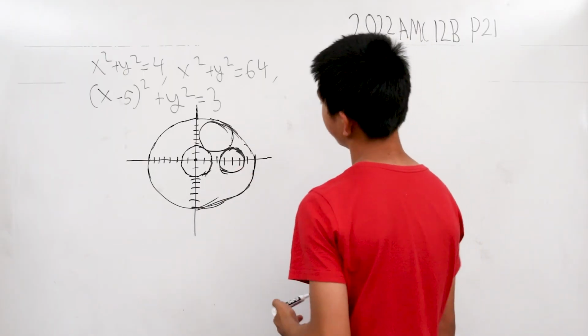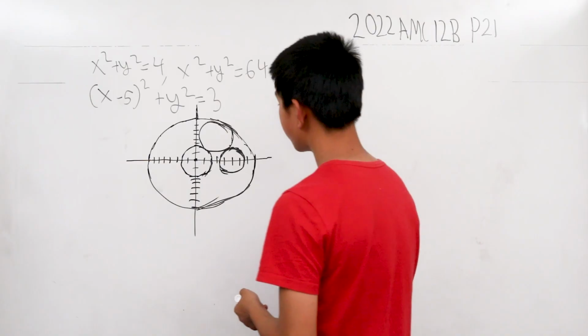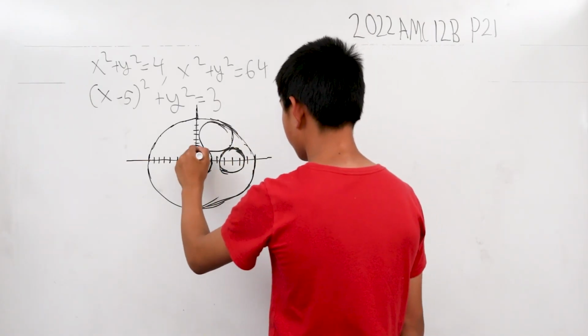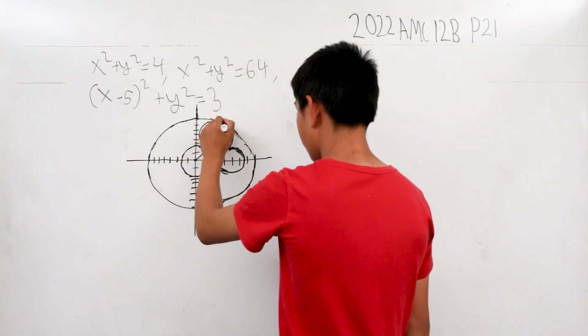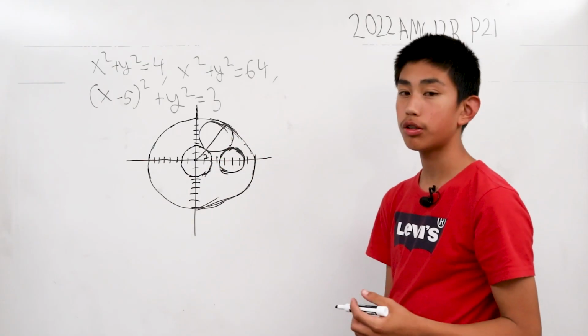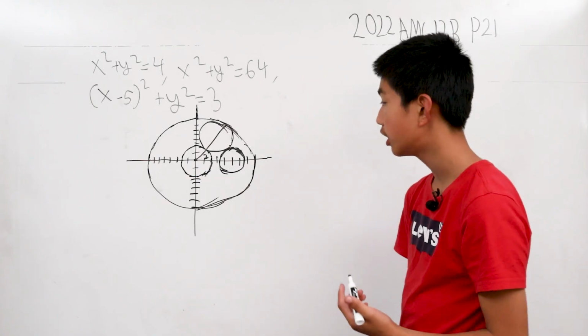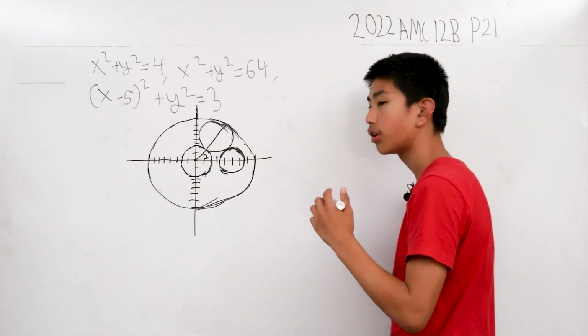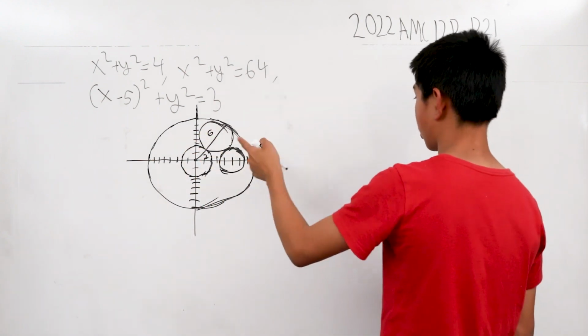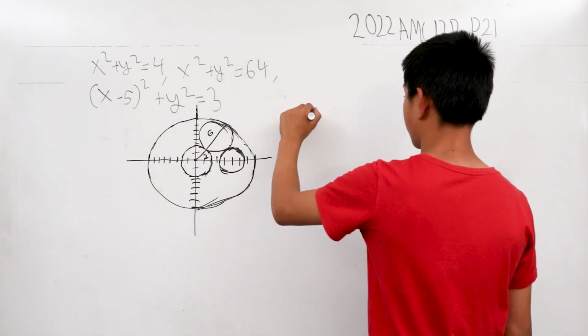We want to find the area of this circle. Since we know that the big radius is 8, and the smaller one is 2, we know that 2 plus this length has to be equal to 8, as the radius of the big circle is 8. That is 6. So the radius of that circle is 3.